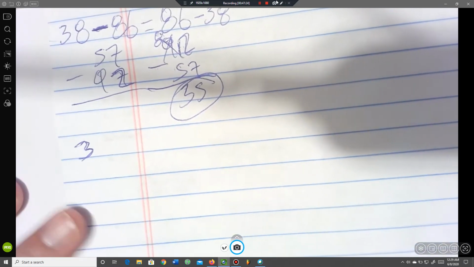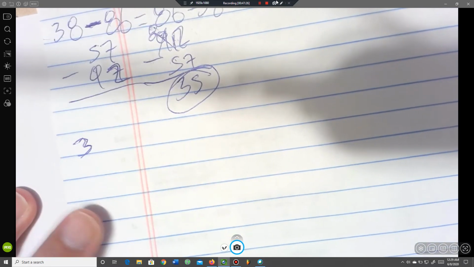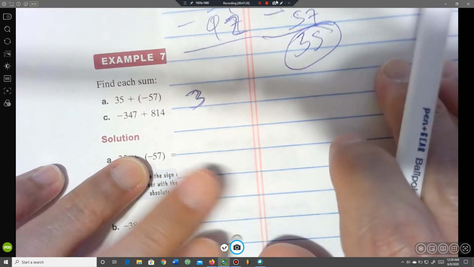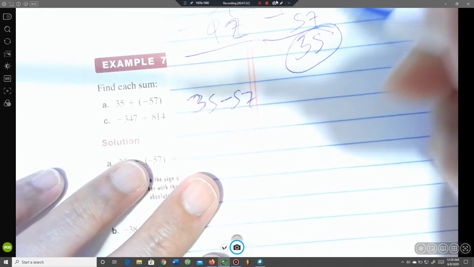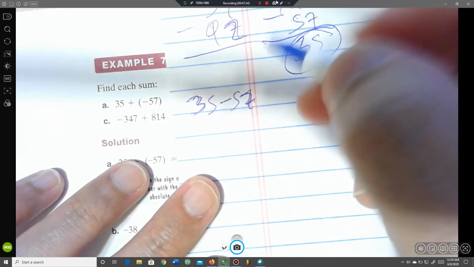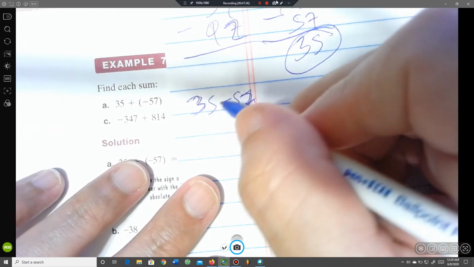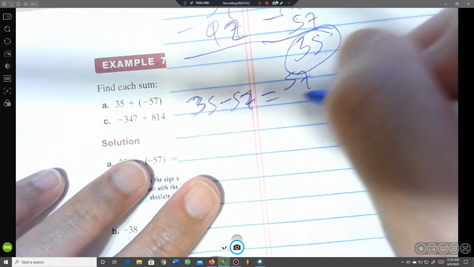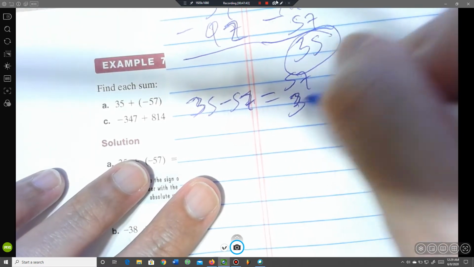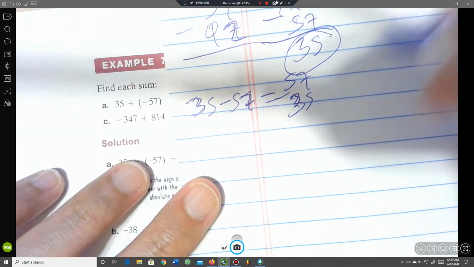That's why you need to memorize those, or write them on a separate piece of paper. Okay, so that's 35 minus 57, and I know I have a subtraction there. Again, subtract the smallest one from the largest one, and it's going to look like that.